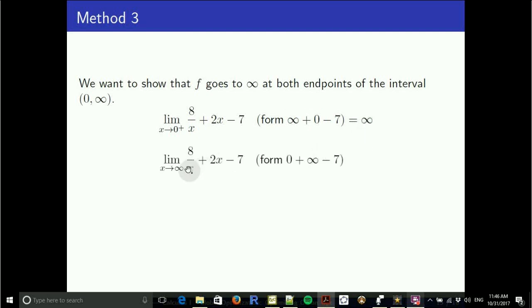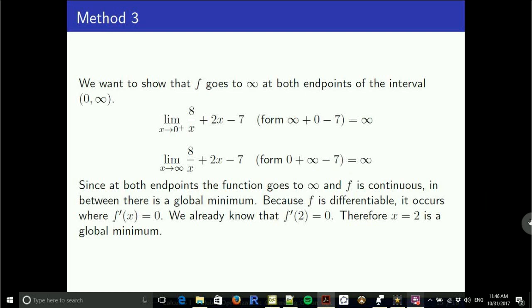So overall, this is the limit of the form infinity plus 0 minus 7, and the limit is infinity. When x goes to infinity, 8 over x plus 2x minus 7 goes to 0 plus infinity minus 7, so infinity overall.